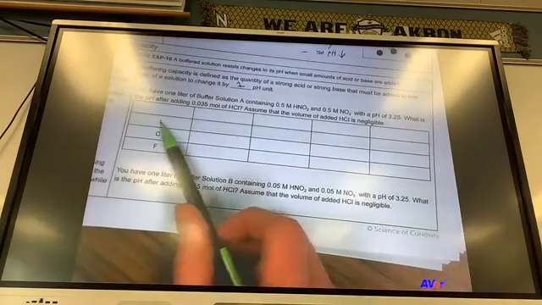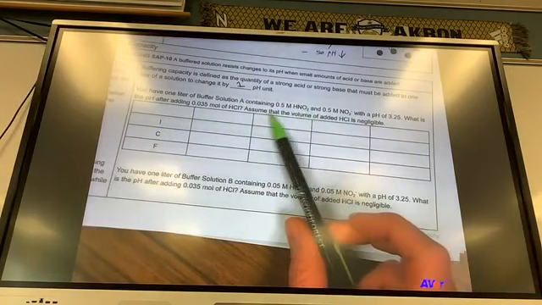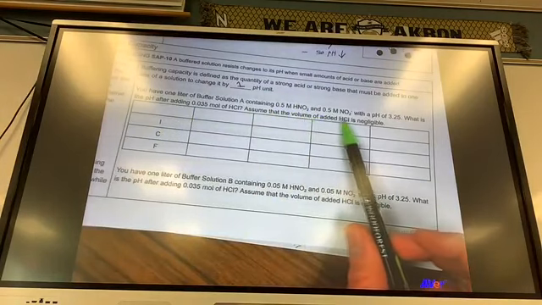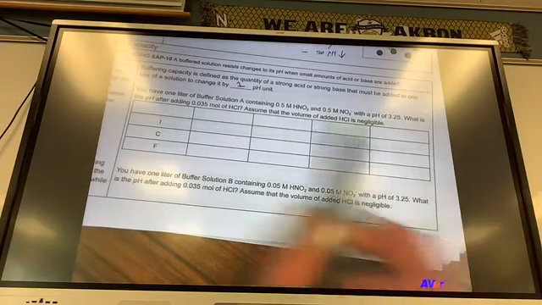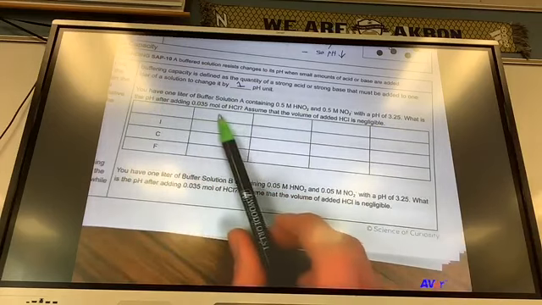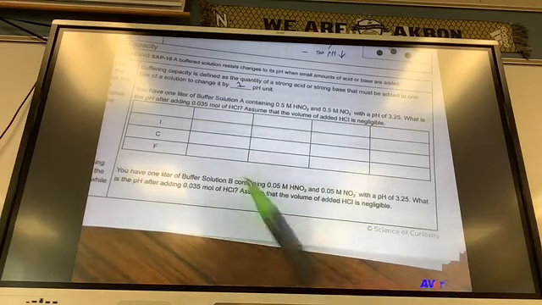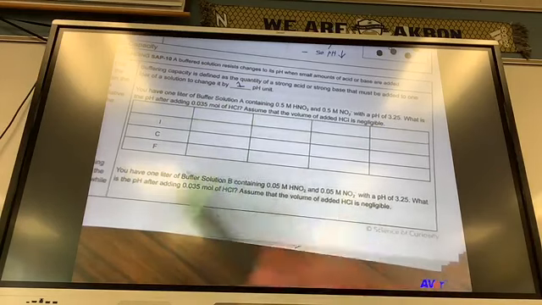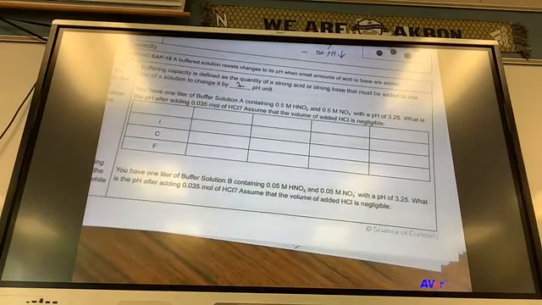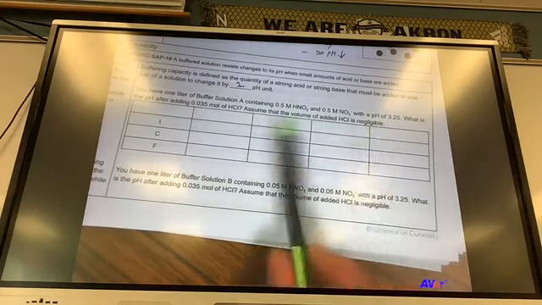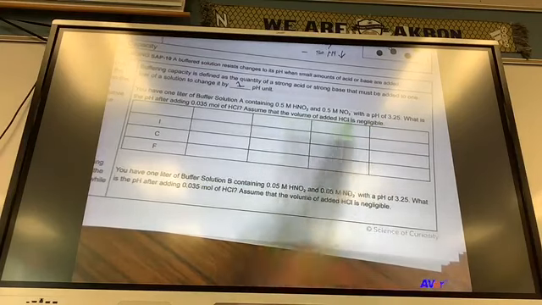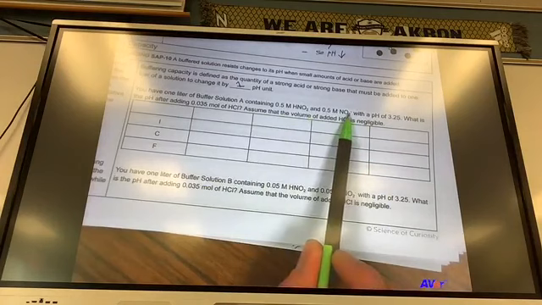You have 1 liter of buffer A containing 0.5 molar HNO2 and 0.5 molar NO2 minus with a pH of 3.25. What is the pH after adding 0.035 mole HCl? Assume that the volume of HCl is negligible. So, what ion am I adding to this buffer? H plus. Which one of these things can accept H plus? NO2 minus. Yes.